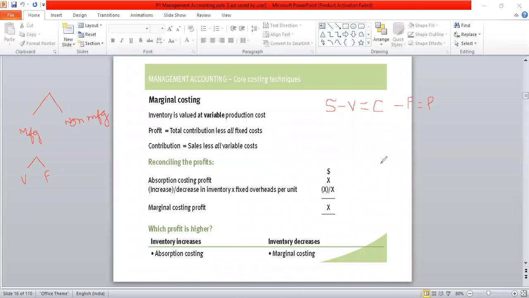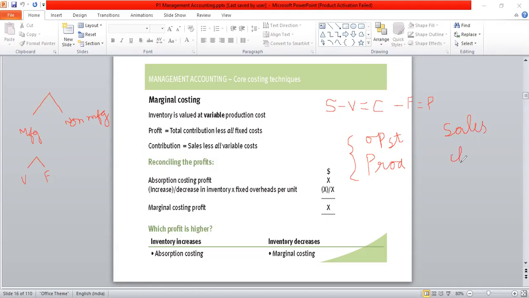When production is taken up, the number of units which are produced, and if there is any opening stock, so opening stock plus production is the total cost of all the units which are produced or which are available for sale. Out of that, a part of the units are sold, sales happen. A part of the units are unsold, which is called closing stock.